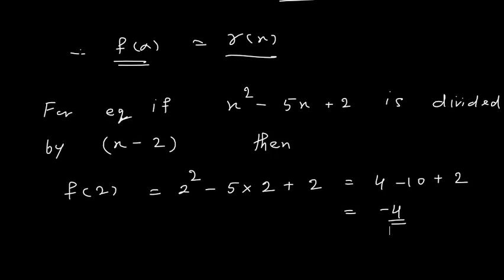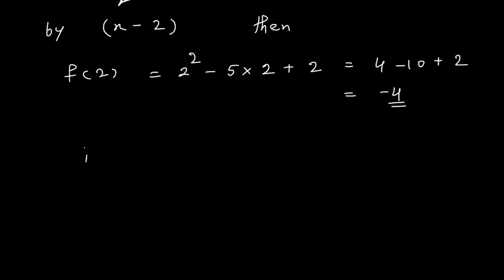So f of 2, minus 4, is the remainder. Have you understood?